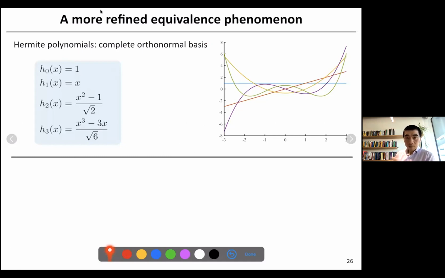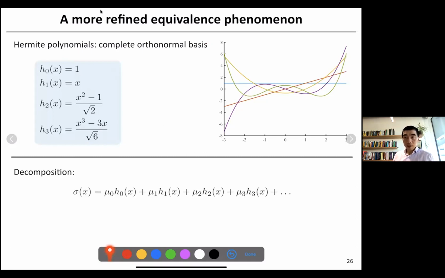Now, because the Hermite polynomials form a complete orthonormal basis, we can expand any square integrable nonlinear function sigma of x as a linear combination of all these Hermite polynomials: mu0 h0, mu1 h1, mu2 h2. The mu's are the expansion coefficients, and the hi's are the Hermite polynomials at ith order.